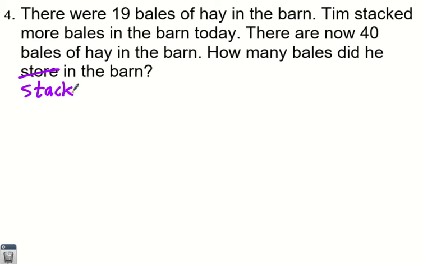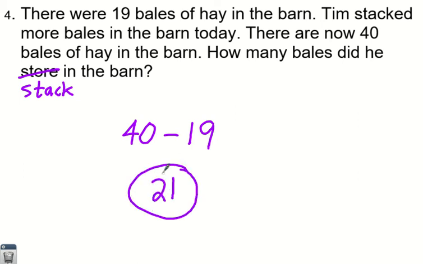And so what we do here is end up just doing 40 minus 19. And 40 minus 19 is 21. Because if there was already 19 and there ended up being 40, you could do 40 minus 19.